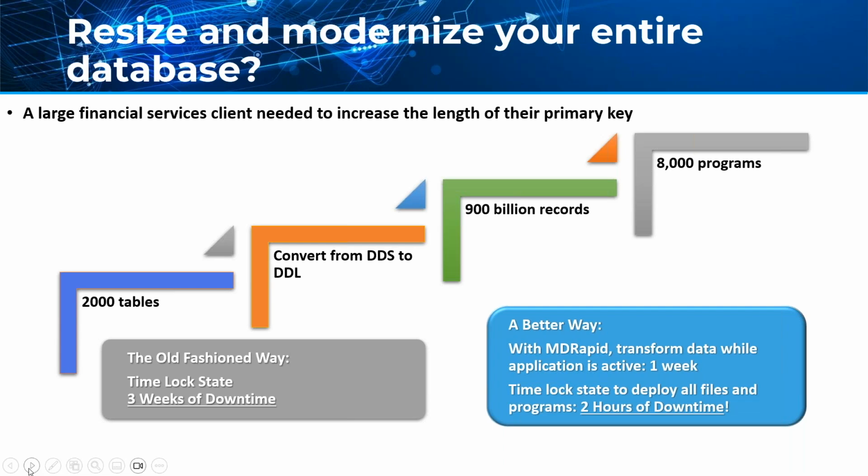With MDCMS and MD Rapid together, what we do is we build the new file in a staging area, we populate that file with our current production data, keep it in sync with a monitoring job that goes out and looks at our journal receiver and applies the changes directly into our new version of the file.